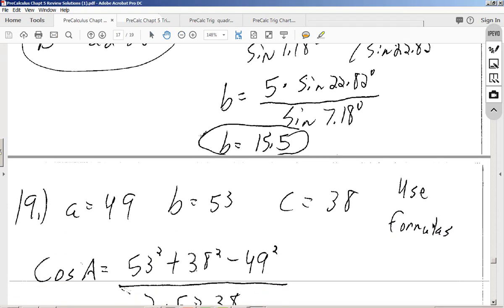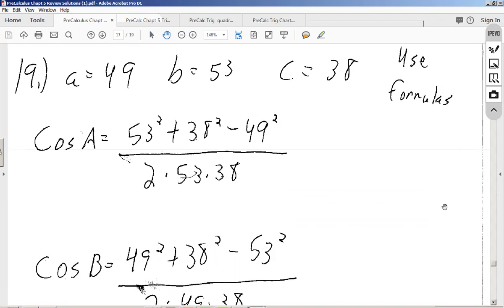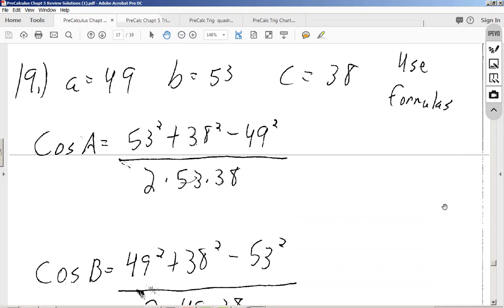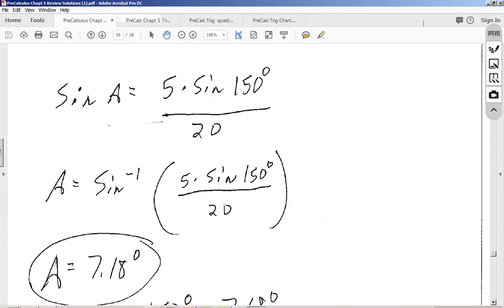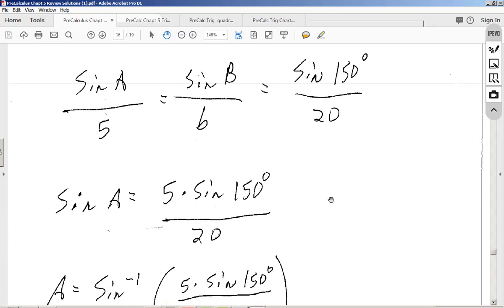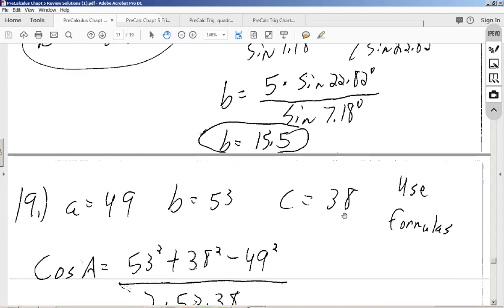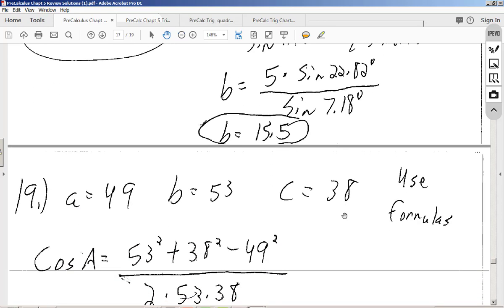Okay, your next problem. Looks like we're on number 18. Did I skip over 18? Yeah, it looks like 18 isn't written on there, so let's go ahead and write this one down. Let me bring up a blank screen here.